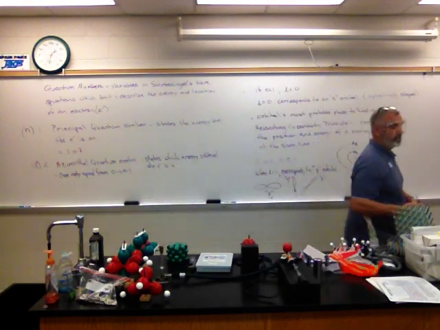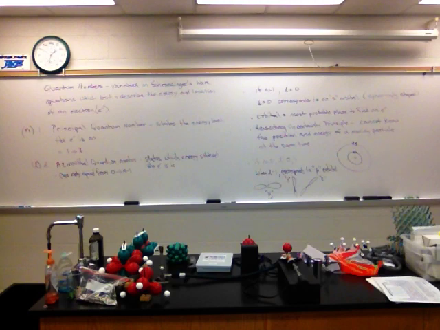Wait, hold on, what do you mean in and out? Like coming in and out of the board. Okay? 1, 2, and 3. So what we have, I gotta go in front, so you can see it.